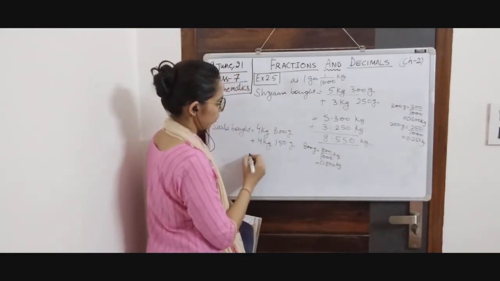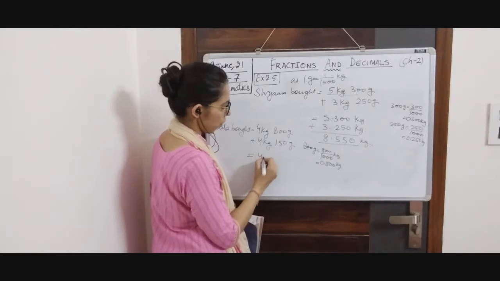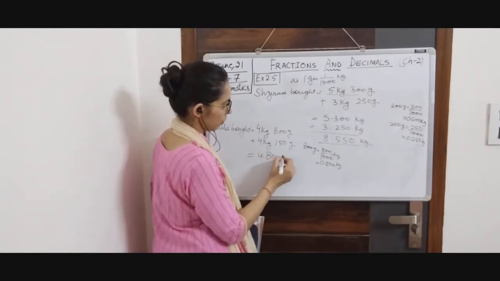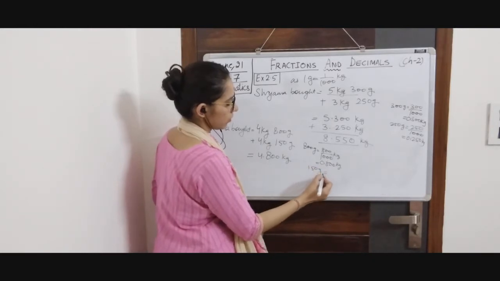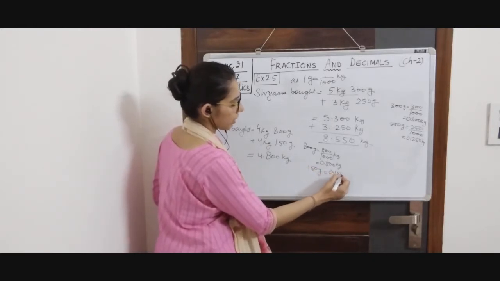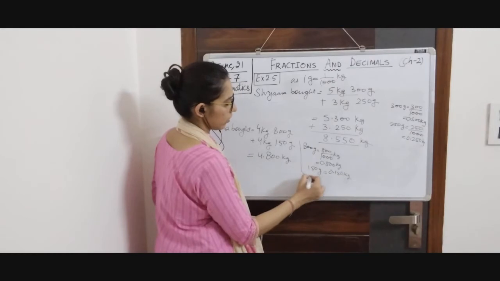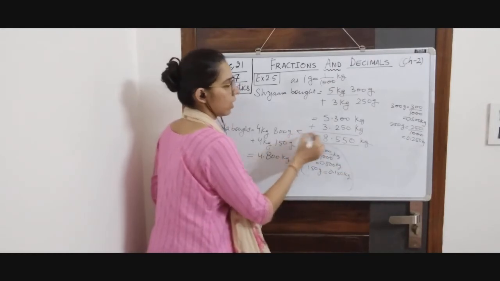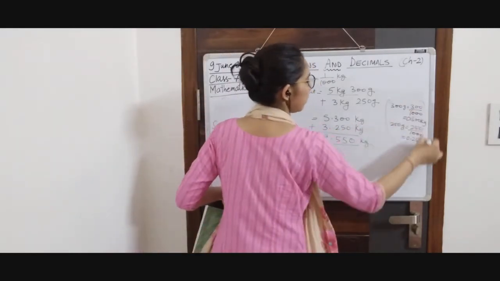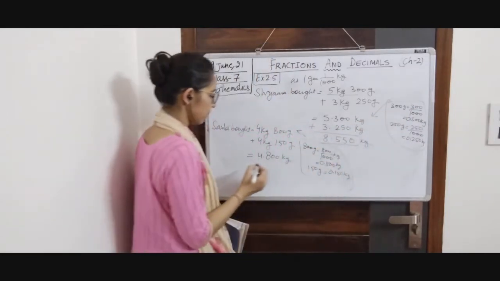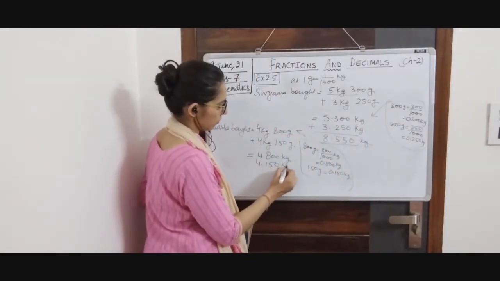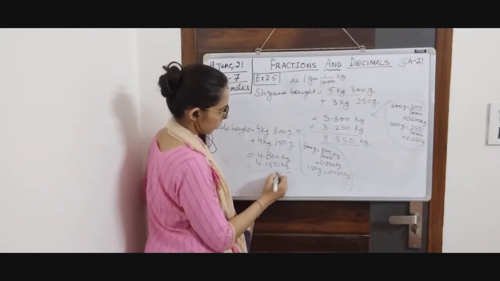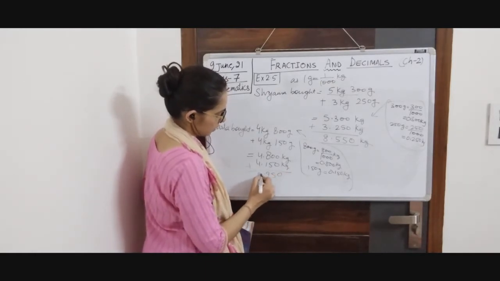So this will be equal to 4.800 kg. Similarly, 150 grams will be equal to 0.150 kg. Okay, you used this conversion here. So 4.150 kg. You add them up and you will get this much.